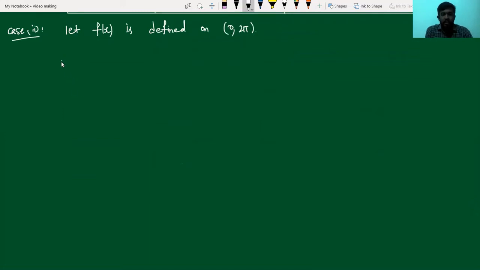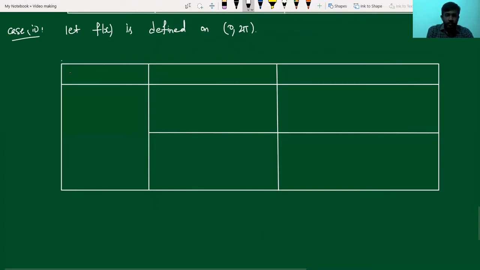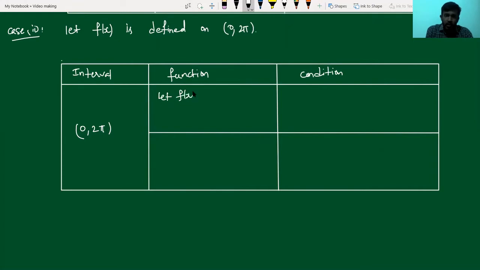If the function is defined in the interval 0 to 2 pi, let us take columns again: interval, function, and conditions. The given interval is 0 to 2 pi, and the first one is let f of x be continuous.